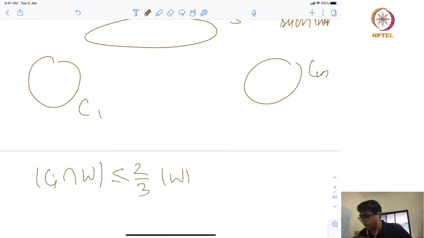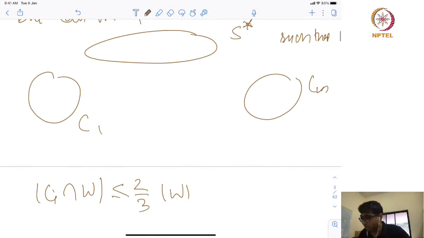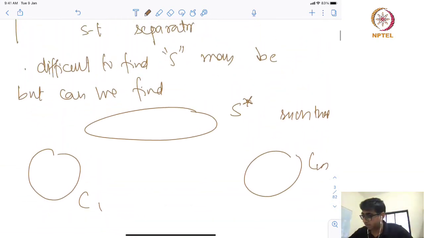I am saying that I cannot guarantee that I can find such an S efficiently. Of course, in n to the power big O of k time we can find it: you try all possible subsets of size k plus 1, and you have found it, but we do not want to do this.